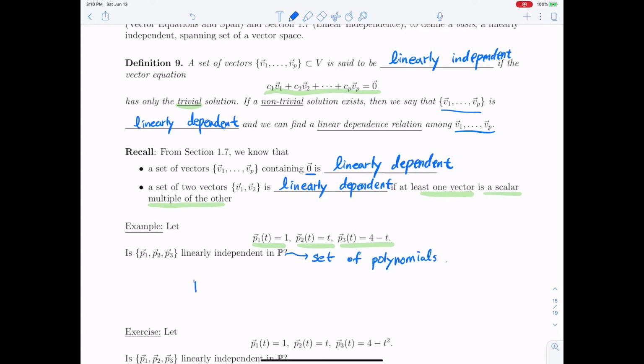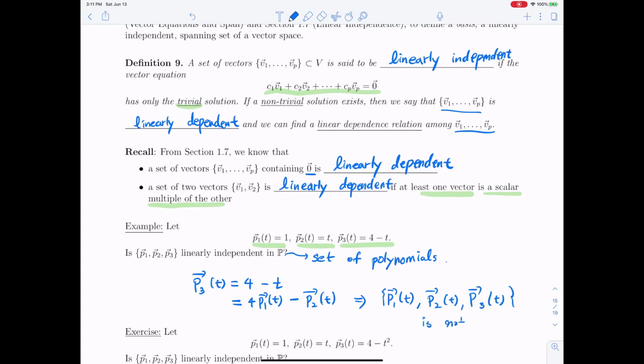For example, we have P3 of t equals 4 minus t, but we can rewrite this as 4 times P1 of t minus P2 of t. So the set P1(t), P2(t), and P3(t) is not linearly independent.